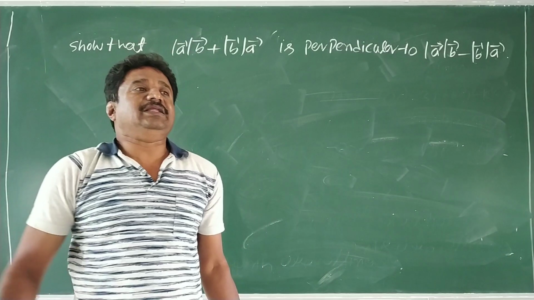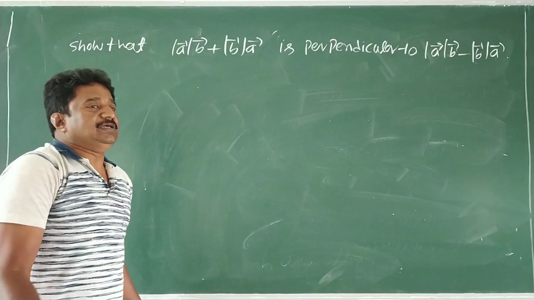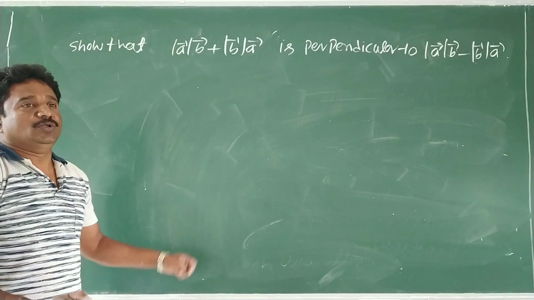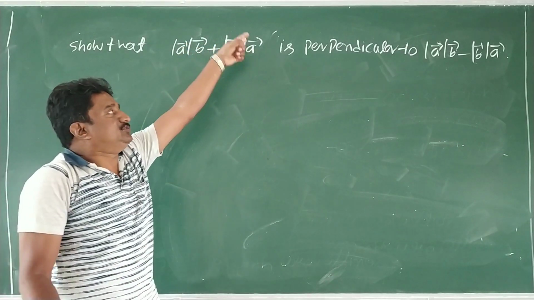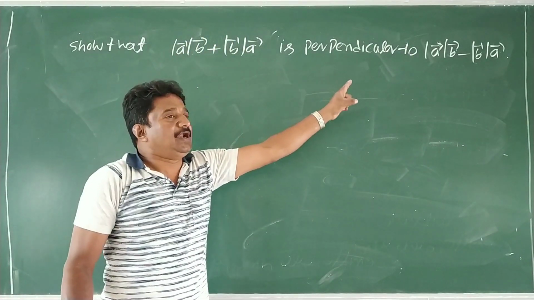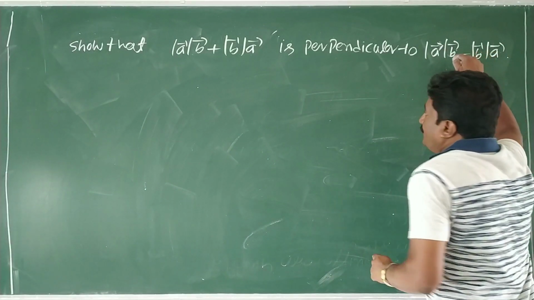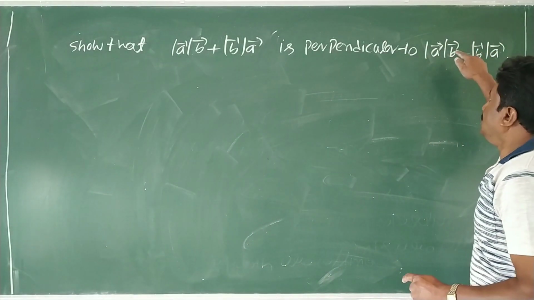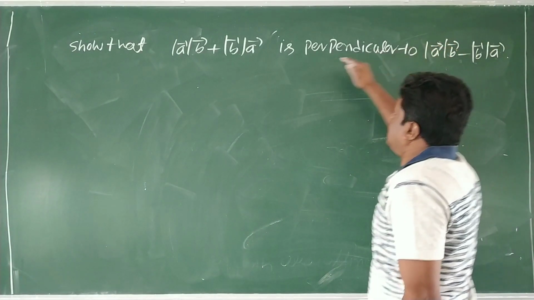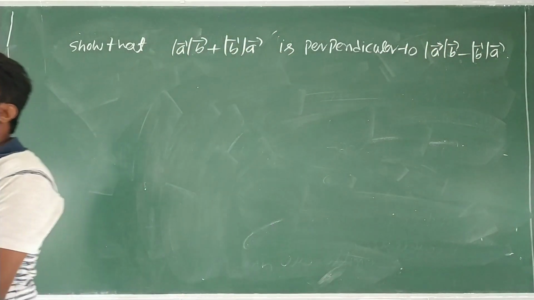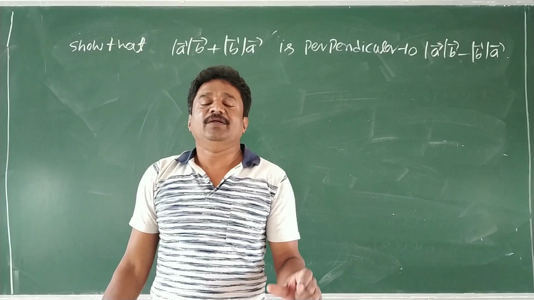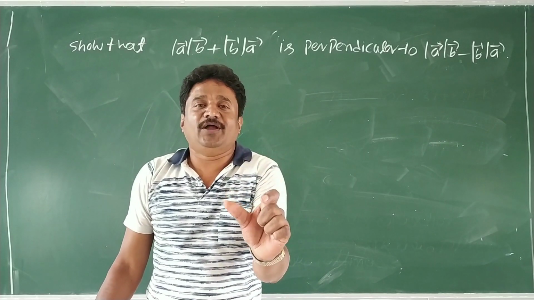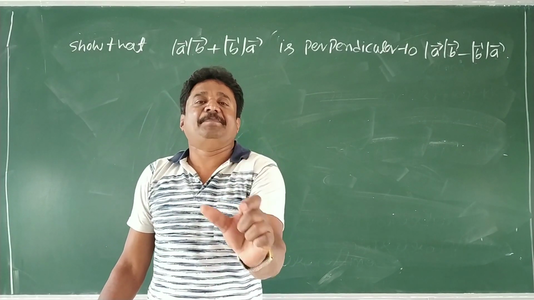Read that question properly. Here it is asked to show that this vector is perpendicular to this one. We need to show these two given vectors are perpendicular. So tell me, what is the condition for two vectors to be perpendicular?